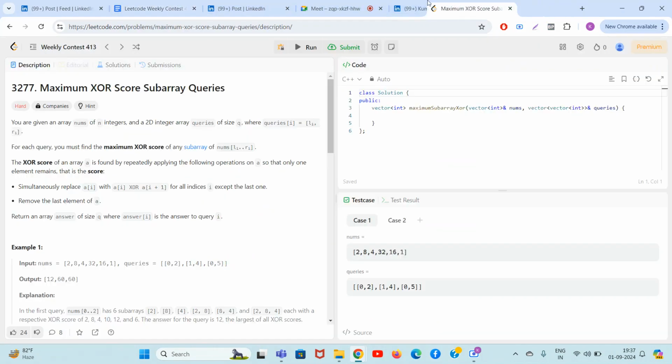Coming to the question, you are given an array, and there are many queries. You have to answer each query. That is the question. Simple.